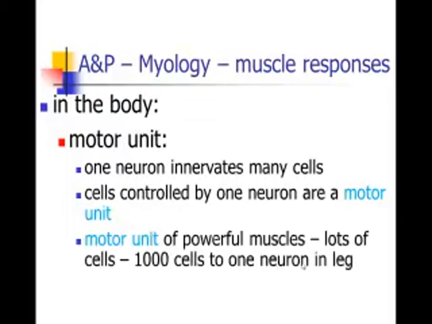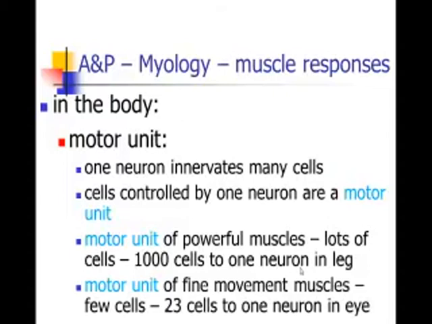So very strong, powerful muscles, such as the muscles in the leg or in the thigh, might have 1,000 cells per neuron, whereas a motor unit for a muscle that has fine movement, not a lot of power, such as muscles that move the eye, might have as few as 20 or 25 cells per neuron. So there are varying differences in how many cells per neuron, related to the strength of the muscle contraction.